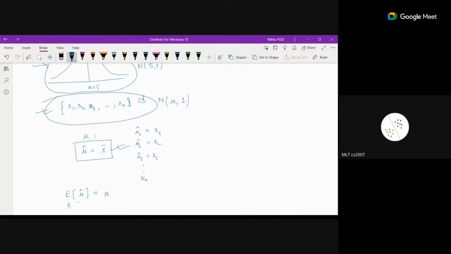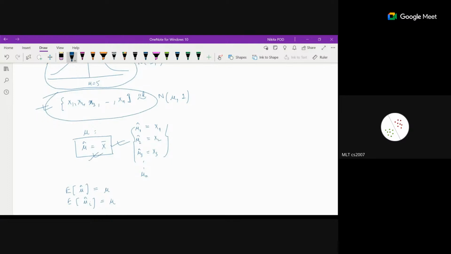And if I take the expectation of any mu hat i, which is any of these, it is also going to be mu. So there is no difference. Why should one choose x bar and why not these xi's? This is one question that you may ask. Since all these estimators are unbiased, why go for x bar?